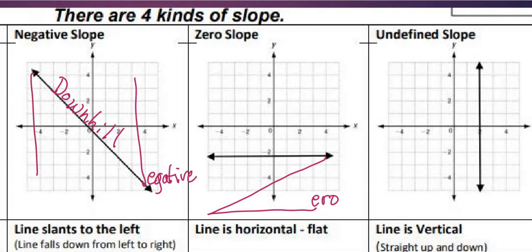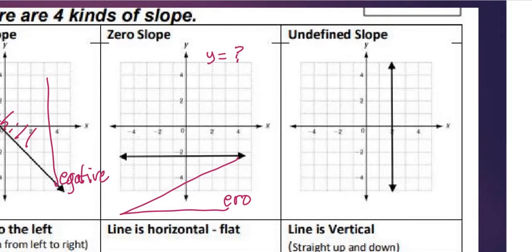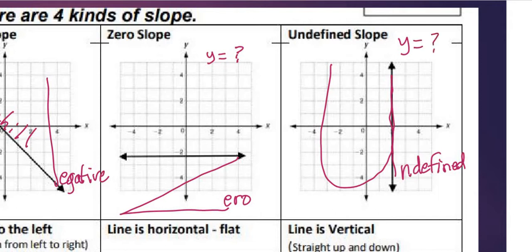These will always be y equals whatever. Now, when we look at this last one, this is undefined. So I can make the letter U out of it for undefined. And this is a vertical slope. These will always be written as x equals whatever.